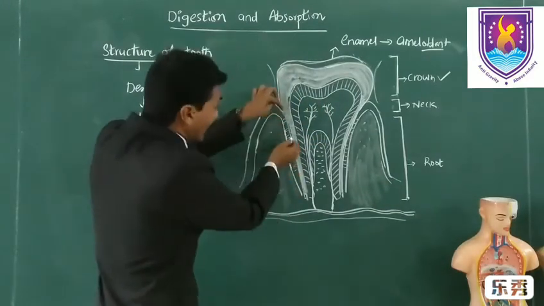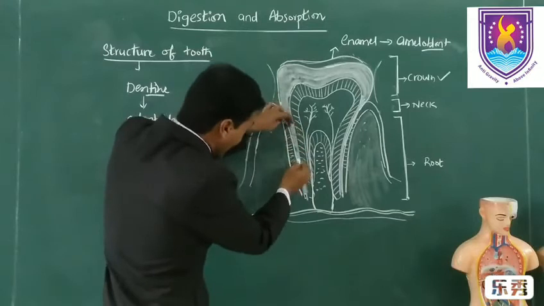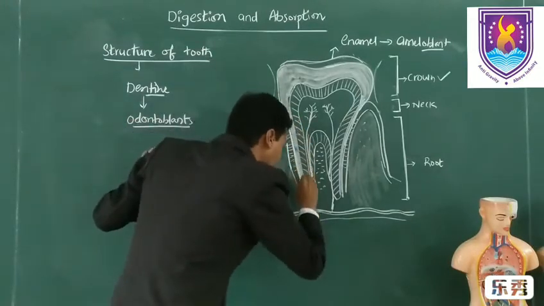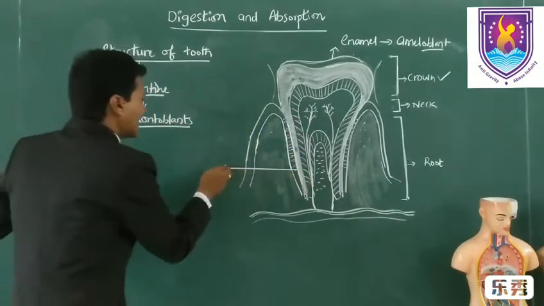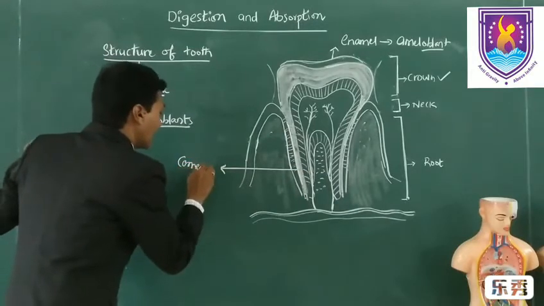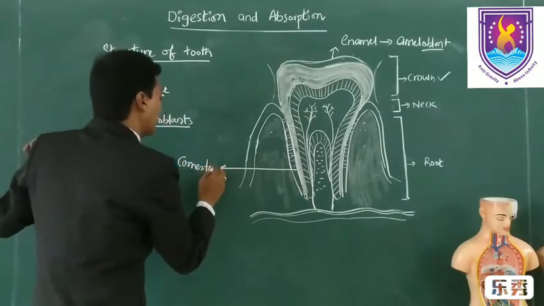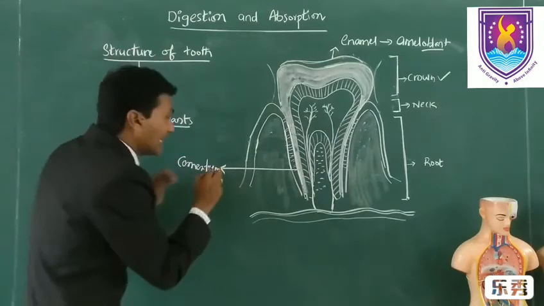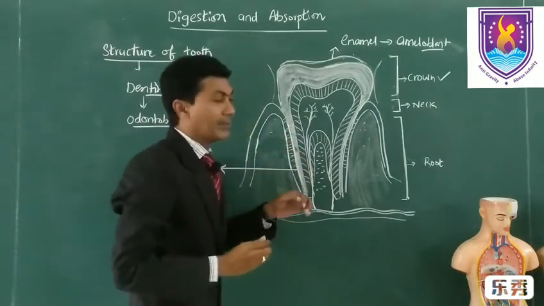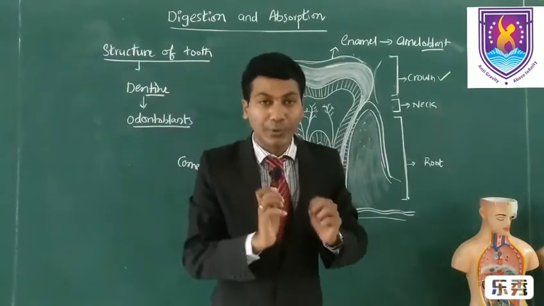The dentine of the root is covered by a specialized membrane known as cementum. My dear students, cementum is a layer upon the dentine of the root.